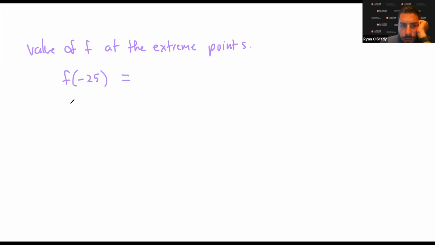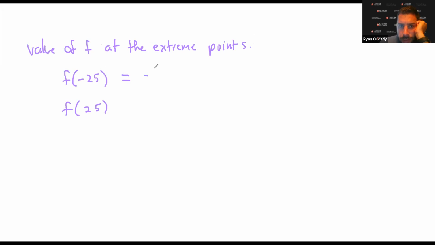So I'm going to calculate the value of f at the extrema. So we need to know what is f evaluated at -25, and what is f evaluated at +25.